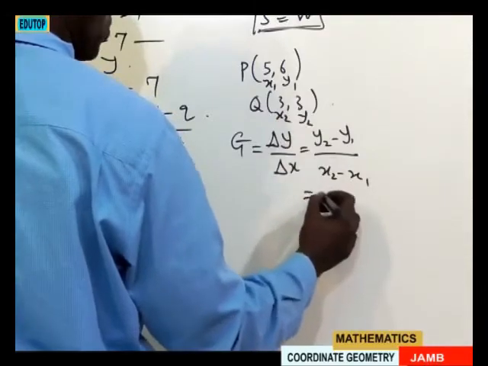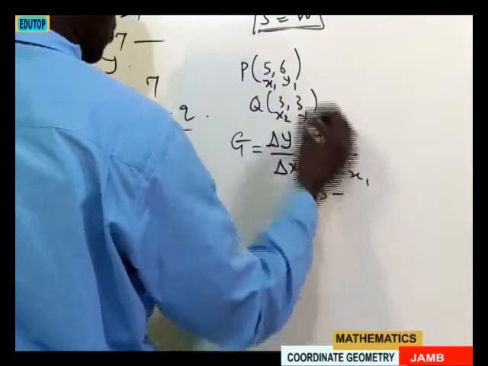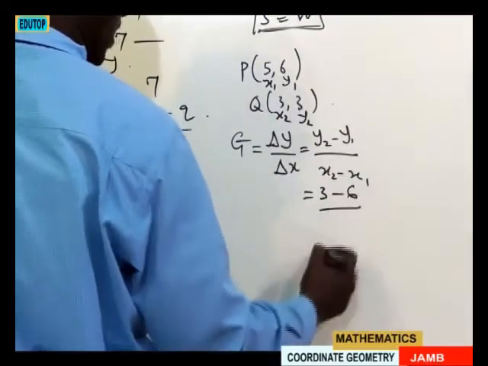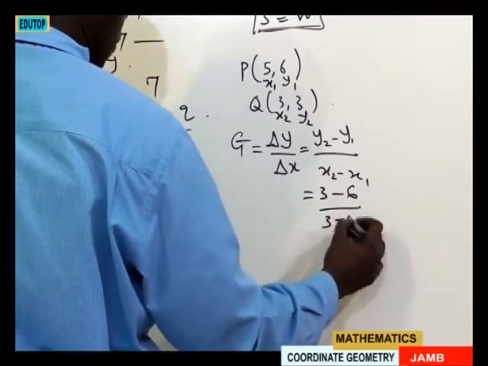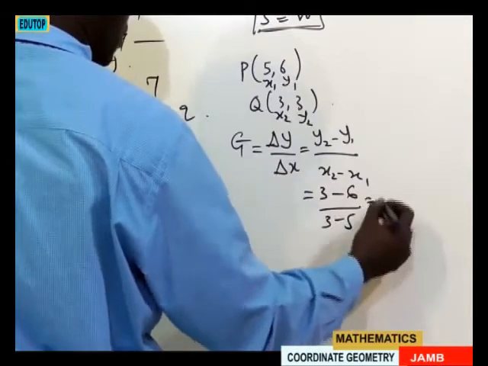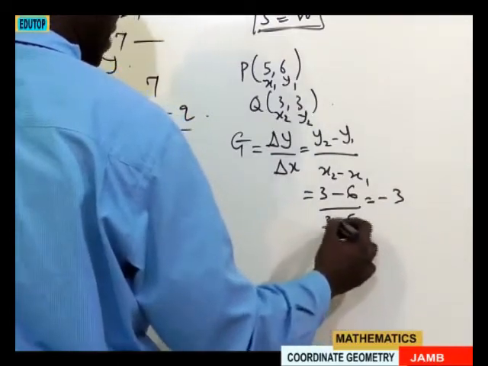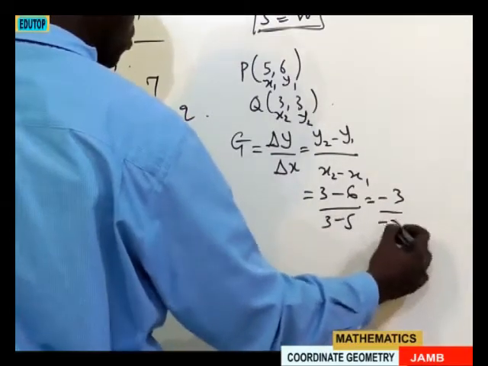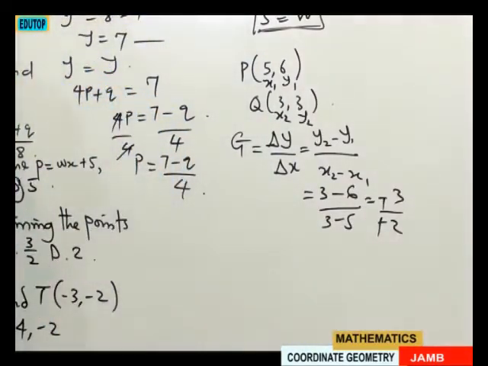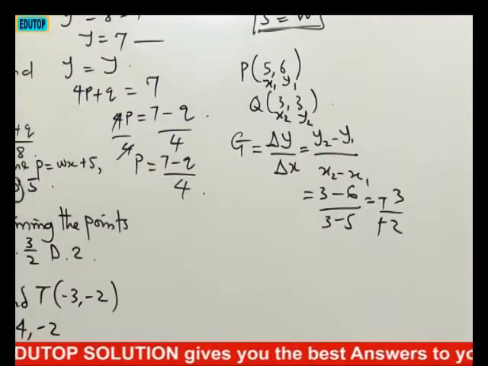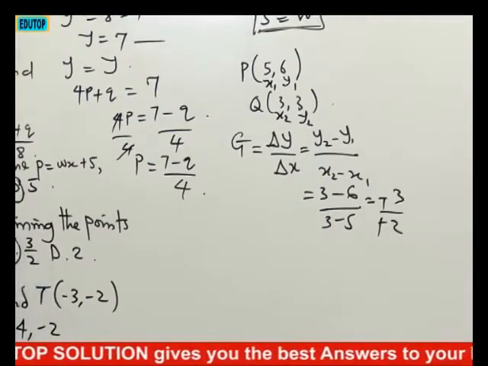So what's my y2? 3 minus y1, 6, over x2, 3 minus x1, 5. 3 minus 6 is minus 3. 3 minus 5 is minus 2. So minus can cancel minus. So automatically it will be what? 3 over 2. It will be 3 over 2, which is option C.